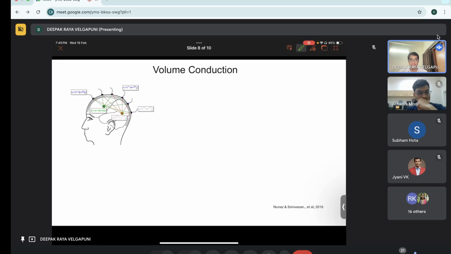But let's say there is a dipole here, the one which I marked green right now, and this can cause a potential change at this electrode, and even at the farthest electrode. A similar thing happens for a dipole taken here. So localizing what exact source in the brain is causing this kind of potential is very difficult with EEG.